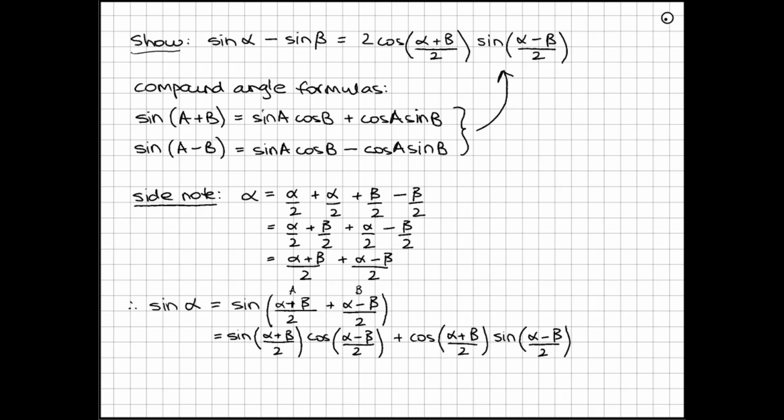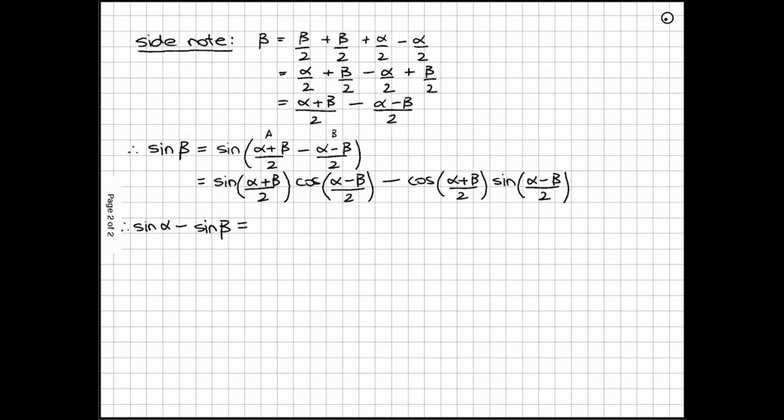We can now insert these two results. So we'll have sine alpha plus beta on 2 cosine alpha minus beta on 2 plus the cosine of alpha plus beta on 2 times the sine of alpha minus beta on 2.